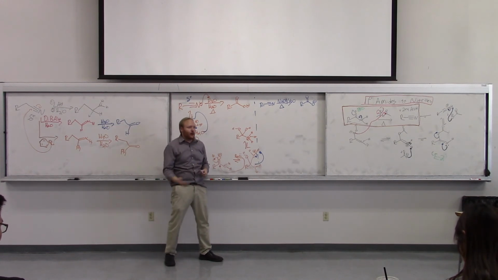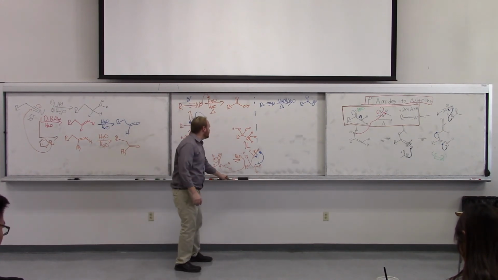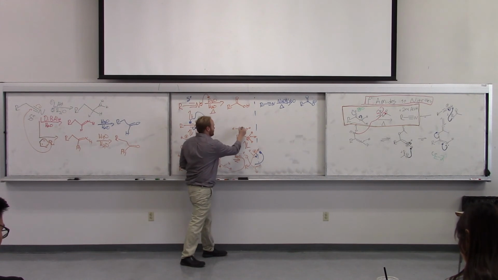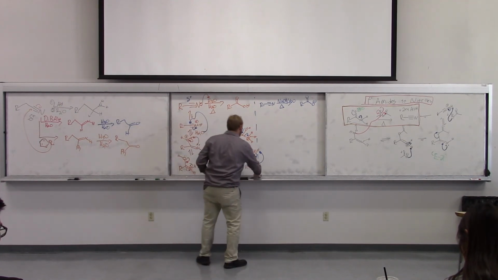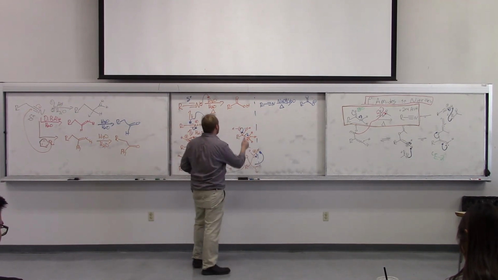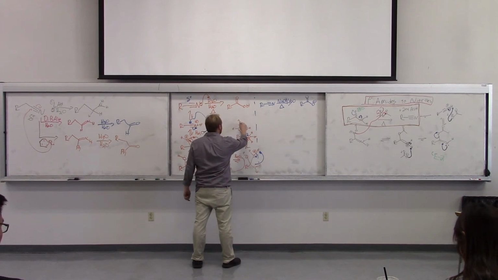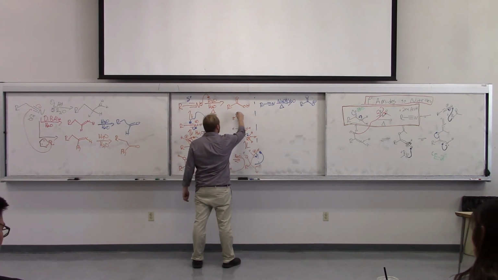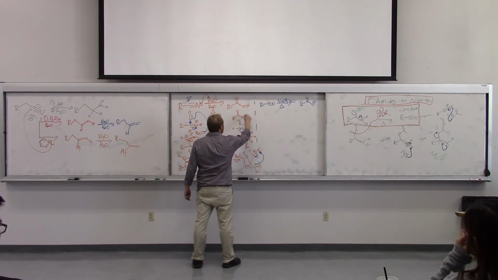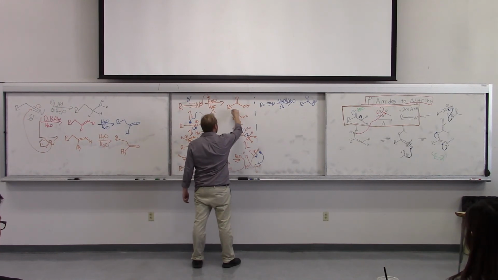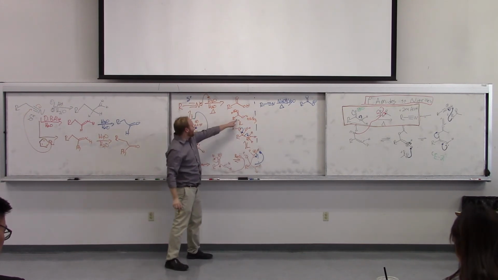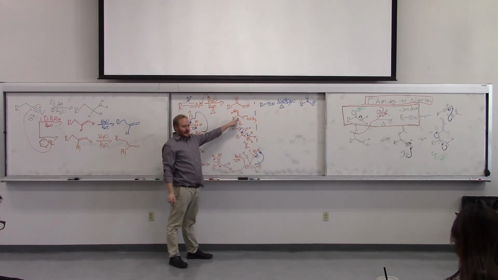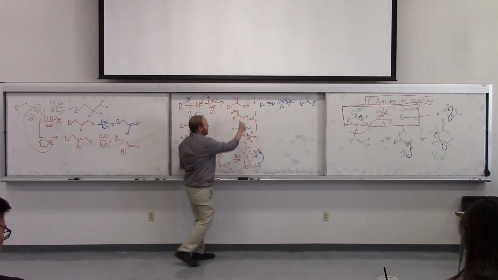And if you form ammonium, we know we can kick it off as a good leaving group. That's going to give us a protonated carboxylic acid plus ammonia.